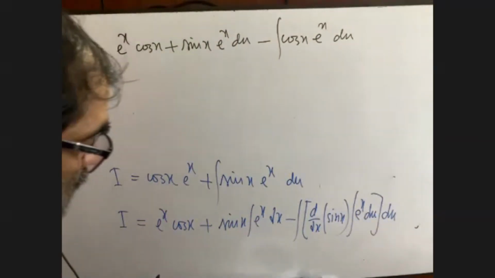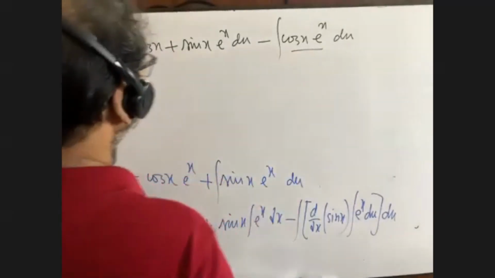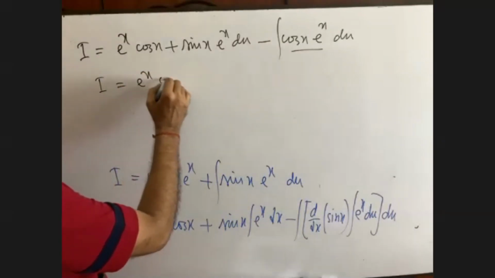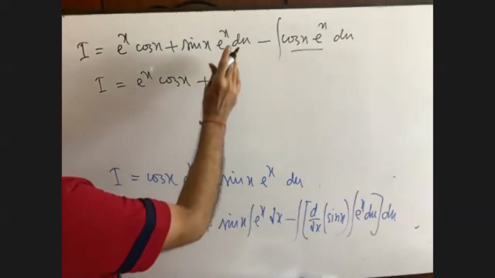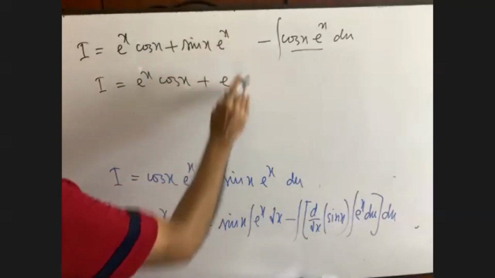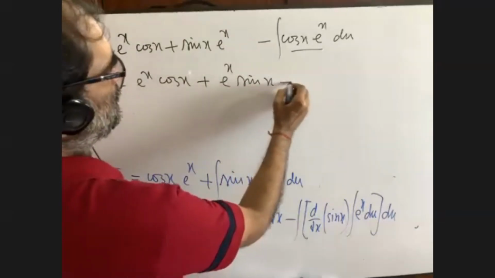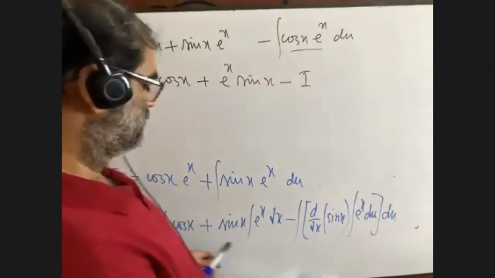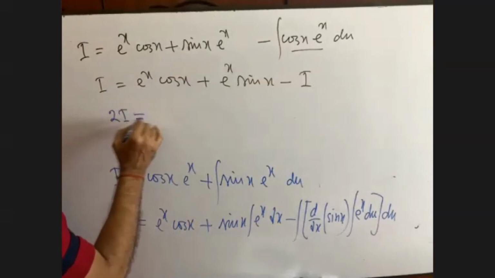Now you please go to the initial of starting question number 14.1. It is I, right? Oh, it is not dx. This dx will not be there. E to the power x sin x, then it is I. So I and I will make 2I.